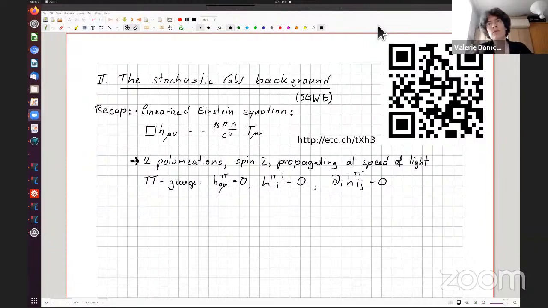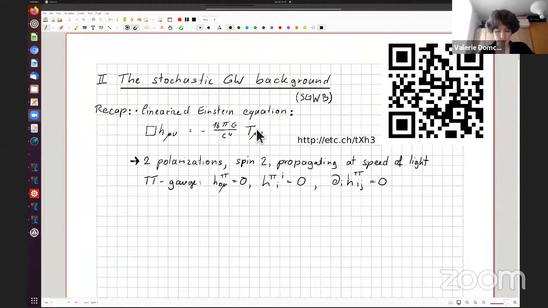Then we expanded all equations to first order in this perturbation.